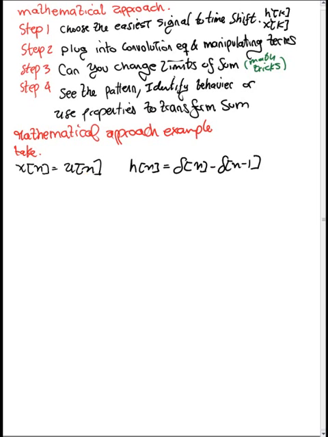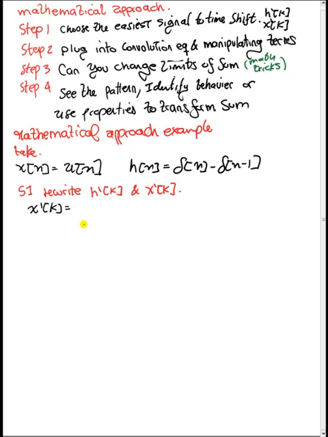So remember, step 1 was to rewrite in terms of the easiest one to flip and shift. In this case, it is easiest to flip x, I'm sorry, and so that's the one that we're going to declare as h prime of k.